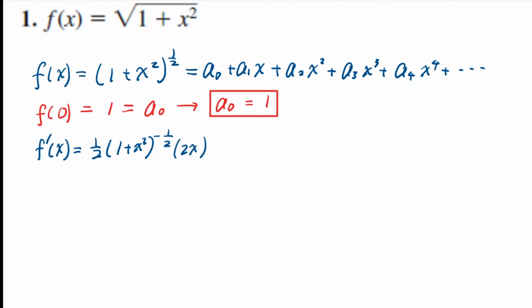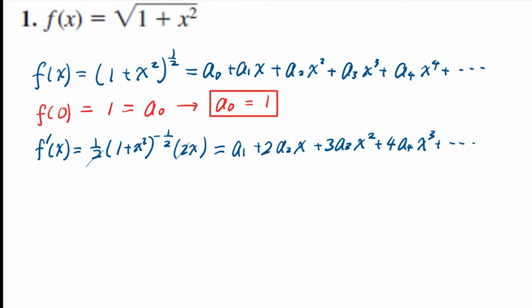Okay, so there's that. When you do this, I will always like to cancel this 2 while I can, so it's not confusing anymore. Okay, on the right-hand side, we have a1 plus 2a2 x plus 3a3 x squared plus 4a4 x cubed plus ... You with me?